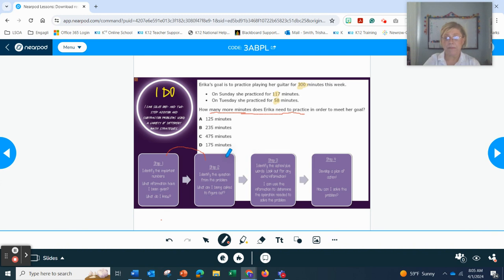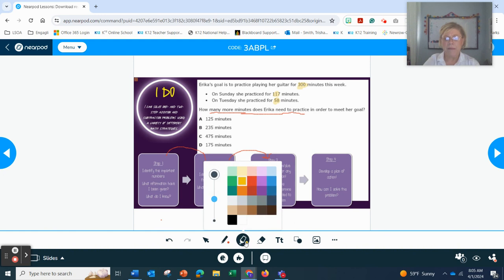Let's look to step 3. Identify the action clue words. Look out for any extra information. I can use information to determine the operation needed to solve the problem. So let's look at step 3. So how many more minutes? I'm going to change my pen.